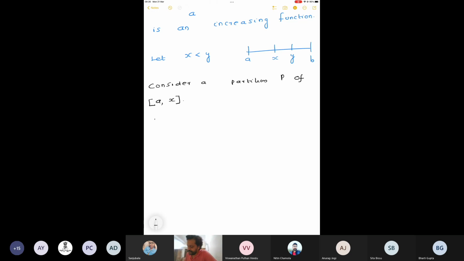Okay, and now let me consider P1 equal to that P union Y. Then I will get a partition of the interval A comma Y.